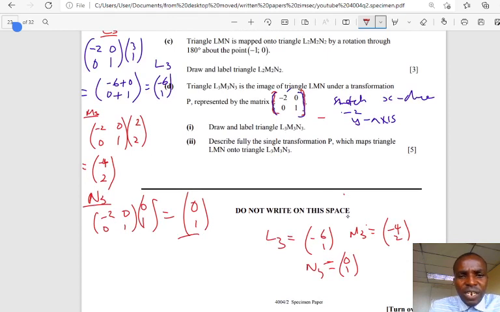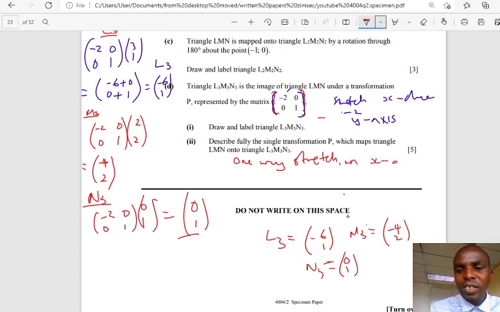Right. Then next question. Describe fully the single transformation P which maps triangle LMN onto L3, M3, N3. I've already explained this one, right? So I've said it's a stretch. Actually, it's a one-way stretch in the x direction or in the x-axis.